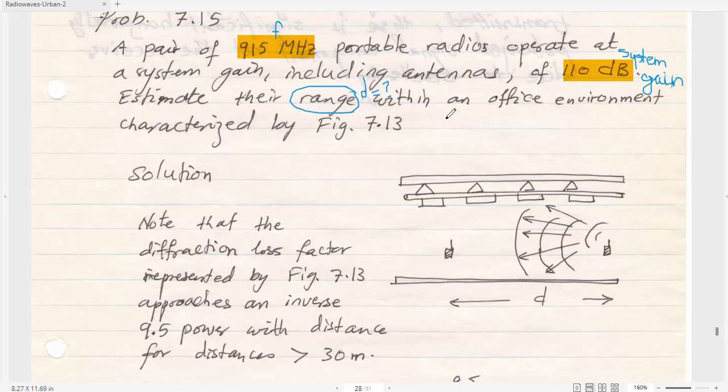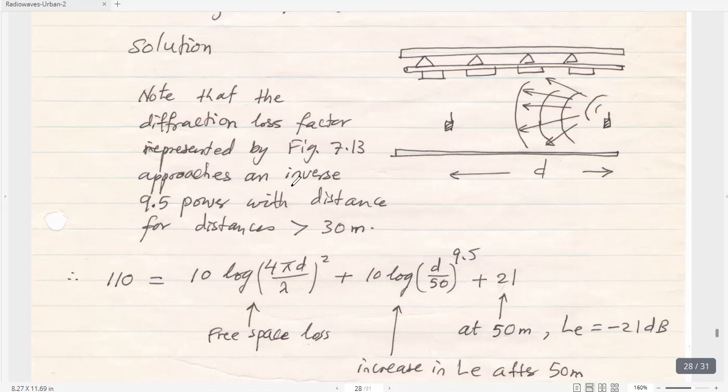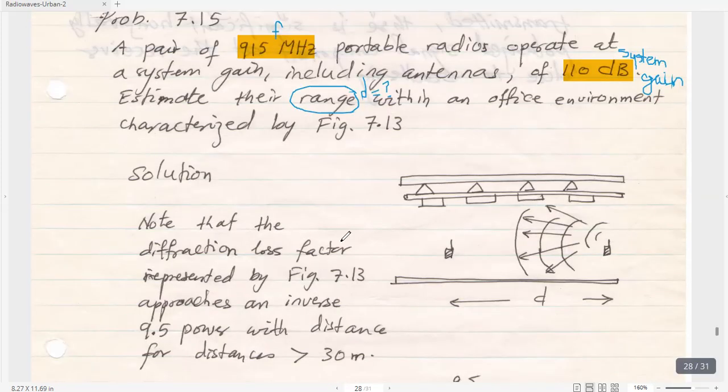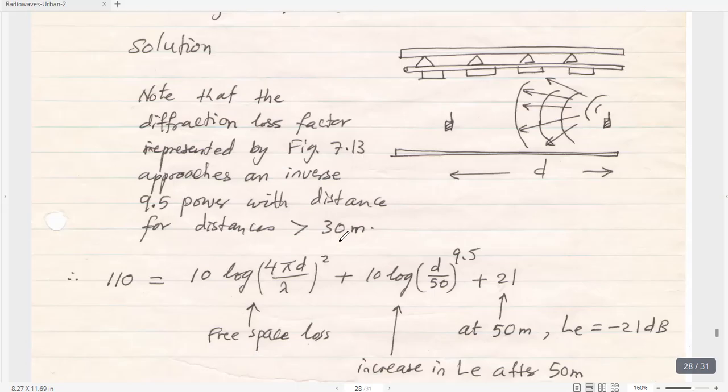The maximum distance within an office environment, so we can use Figure 7.13. Now the system gain of 110 dB as given here should equal the total loss. The total loss is the free space loss and the excess loss to free space. This is the free space loss.